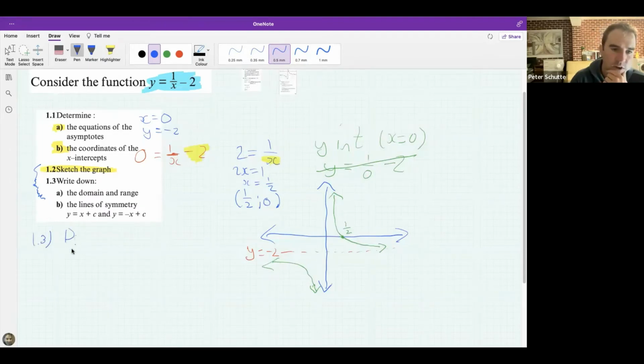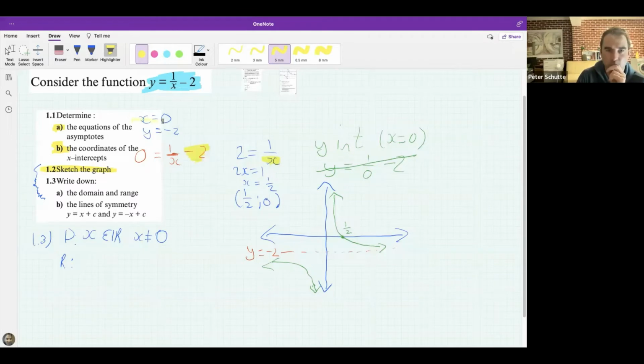We did this in the last lesson. So domain: x is any real number, but what can x not be equal to? 0. That's because we always look at where the asymptotes are.